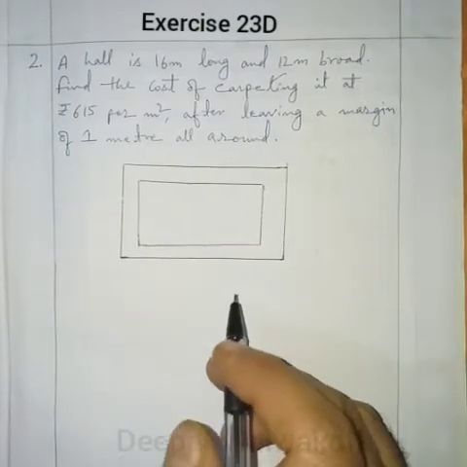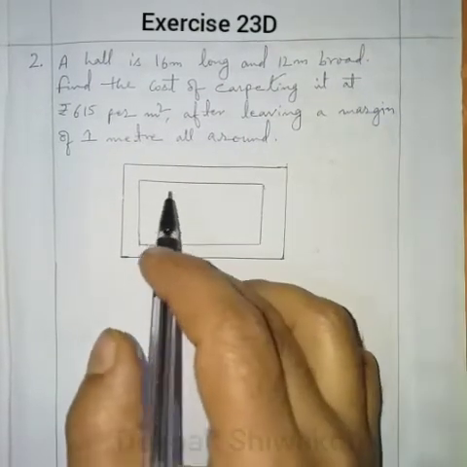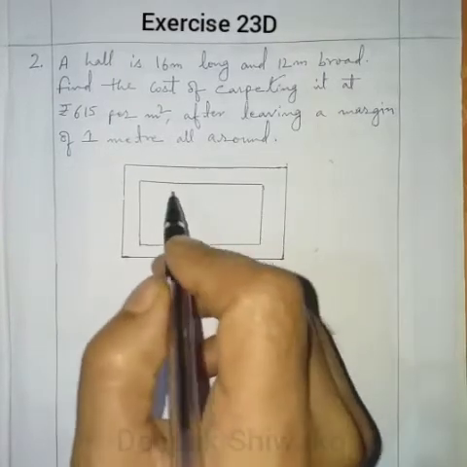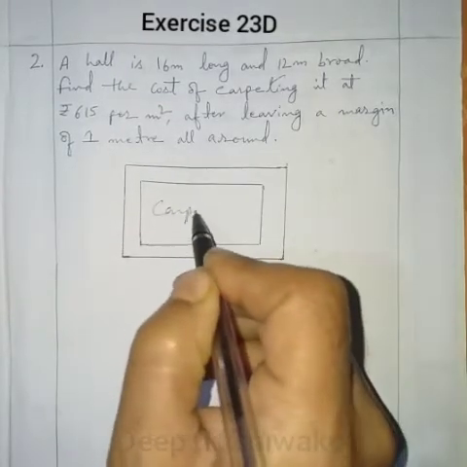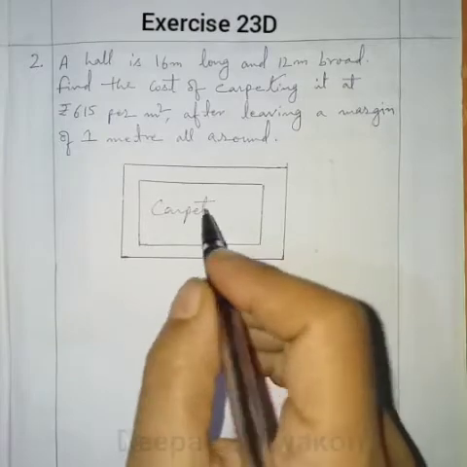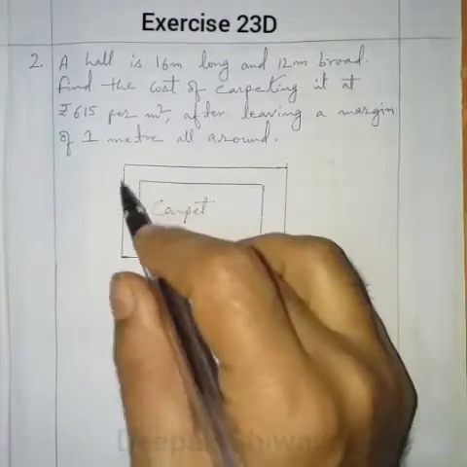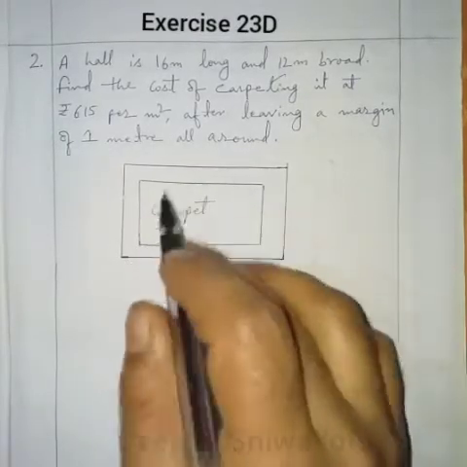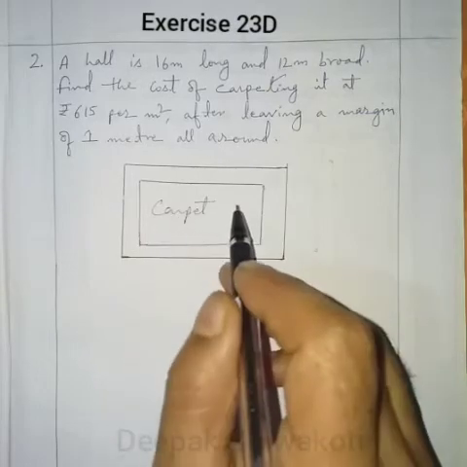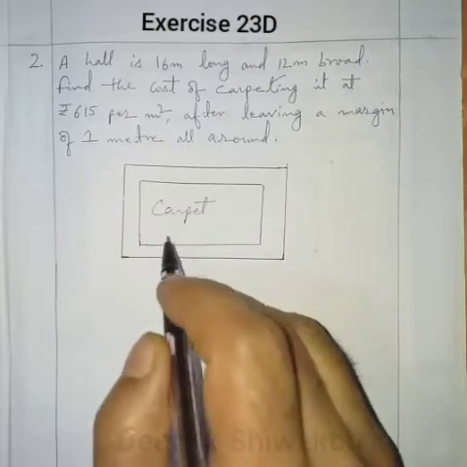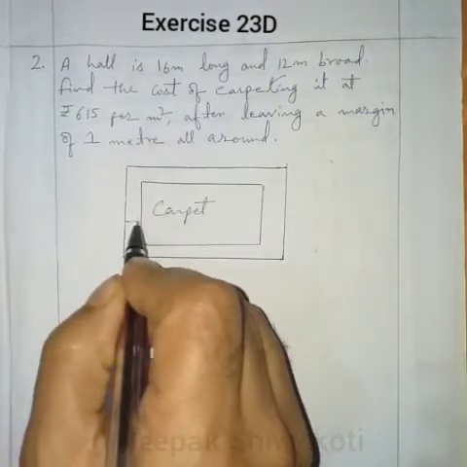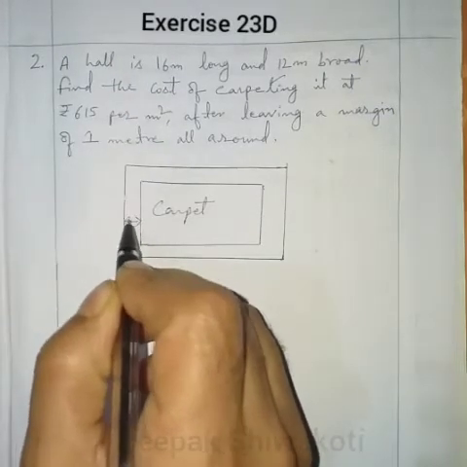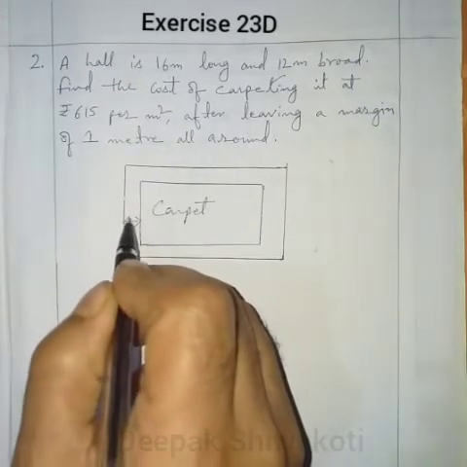So let us first understand the figure. This one is the carpet, and this is the hall. Inside this hall we are carpeting, and we are leaving 1 meter all around.